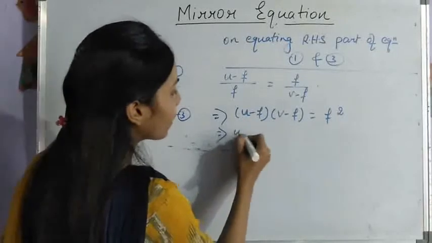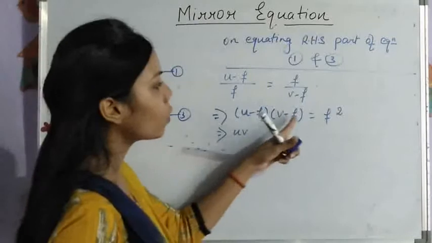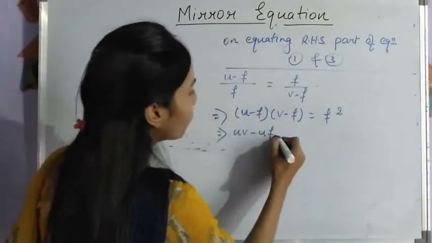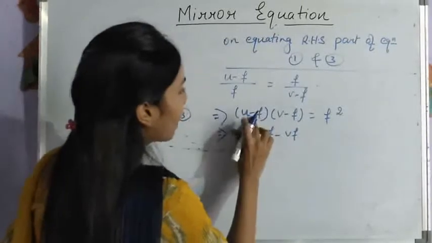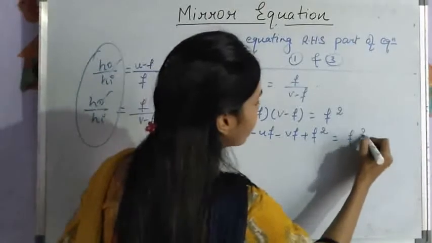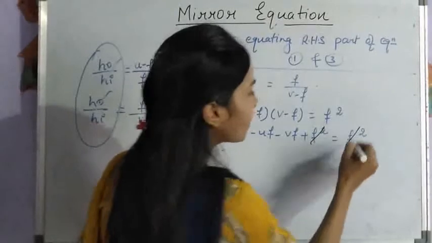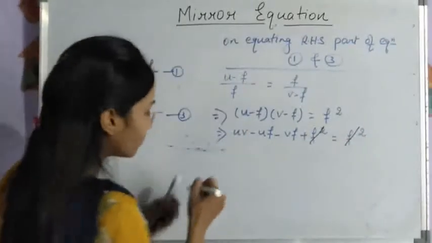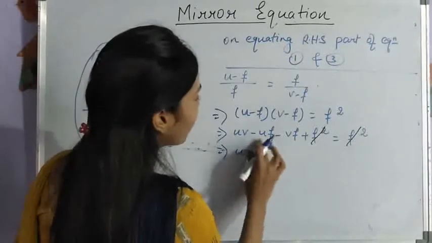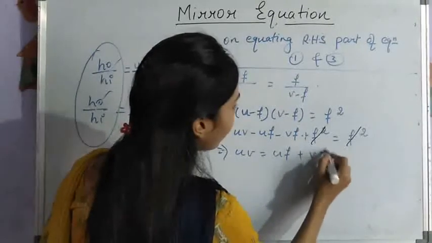U into V, UV, minus U into F, minus UF, minus F into V, minus VF, minus F into F, plus F square, equal to F square, right? Here you see F square and F square will cancel each other and we are left with UV is equal to, let us bring these two on the right hand side, UF plus VF.